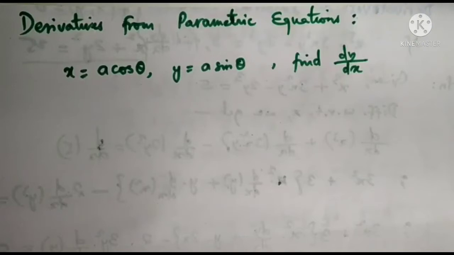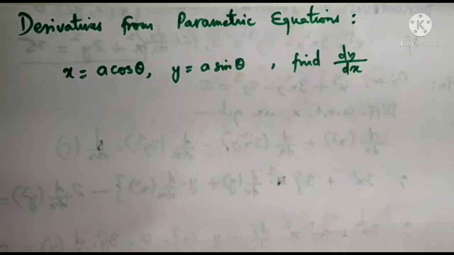Okay. Derivatives from parametric equations. Now suppose you are given parametric equations x equal to a cos theta and y equal to a sin theta. You can clearly see that theta is the parameter over here, right? If you are given two such equations and you are asked to find dy by dx, then how will you do that?